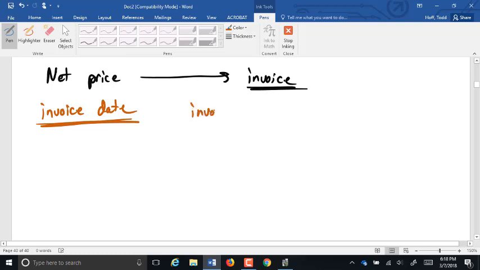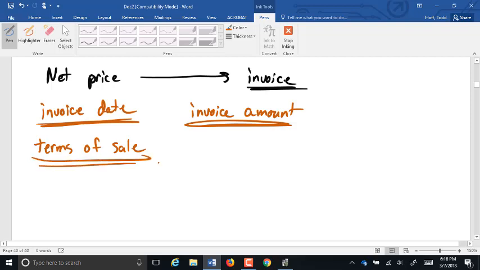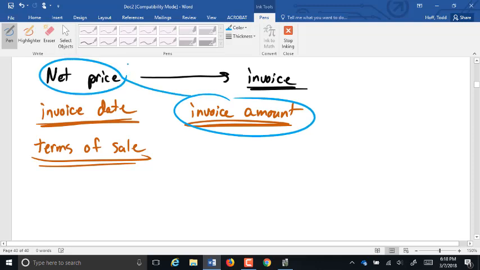There's an invoice amount. And then there's going to be terms of sale. The invoice amount is that net price that we get after applying any trade discount.